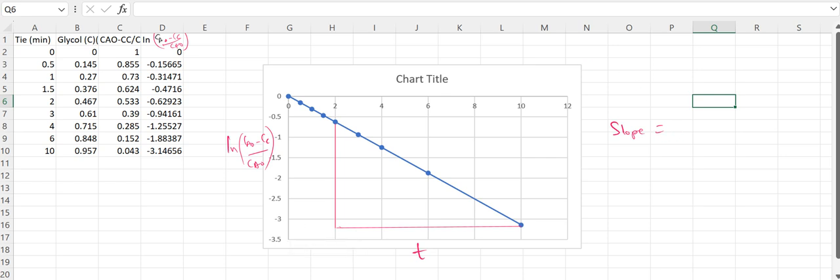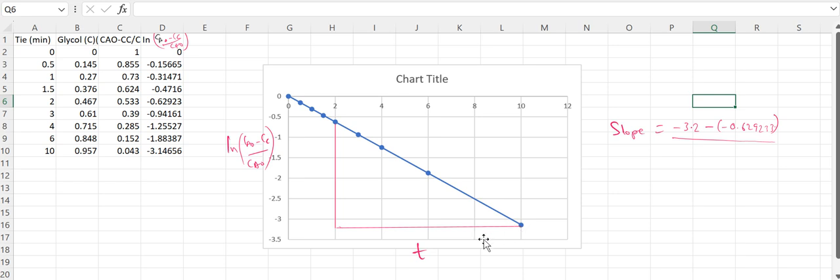You can get it more accurately, but I want to do this minus 3.2 minus this point, which is 0.629233, divided by the time.